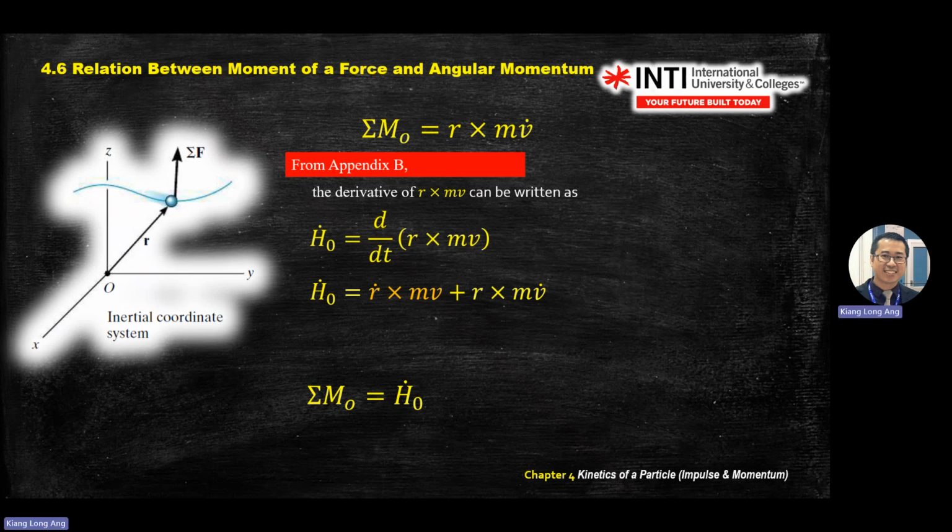So from this to this, r cross mv plus r cross m v dot is the chain rule, right? Okay, so here is a side note. r dot cross mv, you can write as the time differential of r cross r. Okay, r cross r is 0.